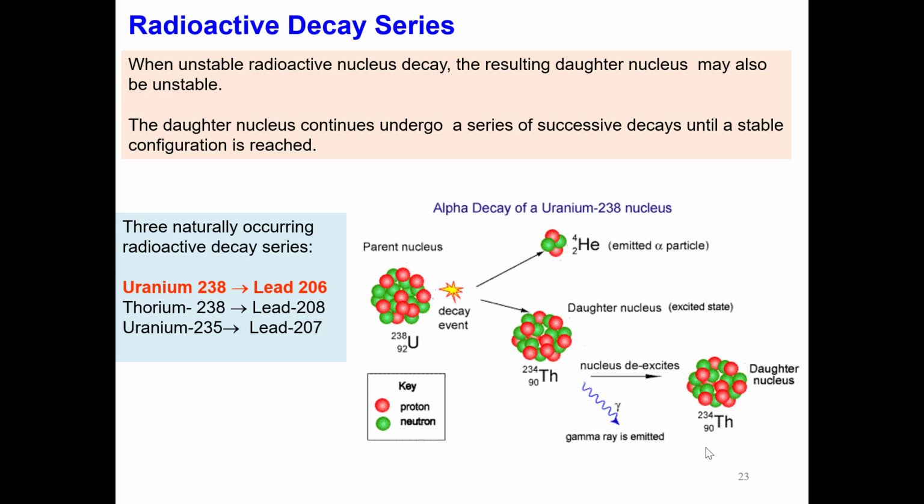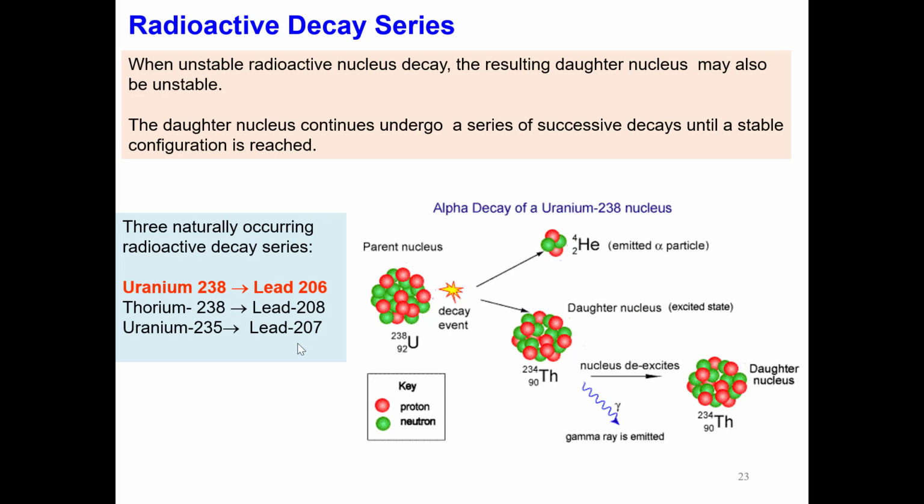Now we are going to talk about the radioactive decay series. They occur when an unstable radioactive nucleus decays. The resultant nucleus may also be unstable. This nucleus continues to undergo a series of successive decays until a stable configuration is reached. And the unstable nucleus is called the parent nucleus, and the successive decays correspond to the daughter nucleus.